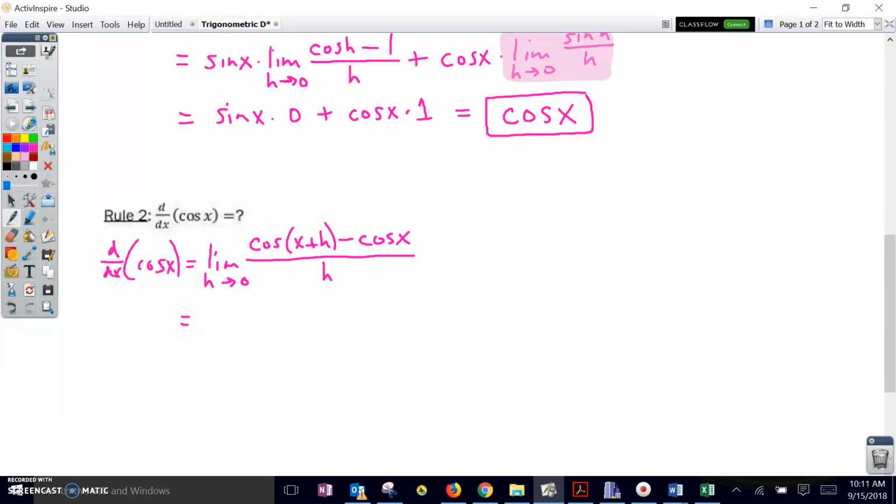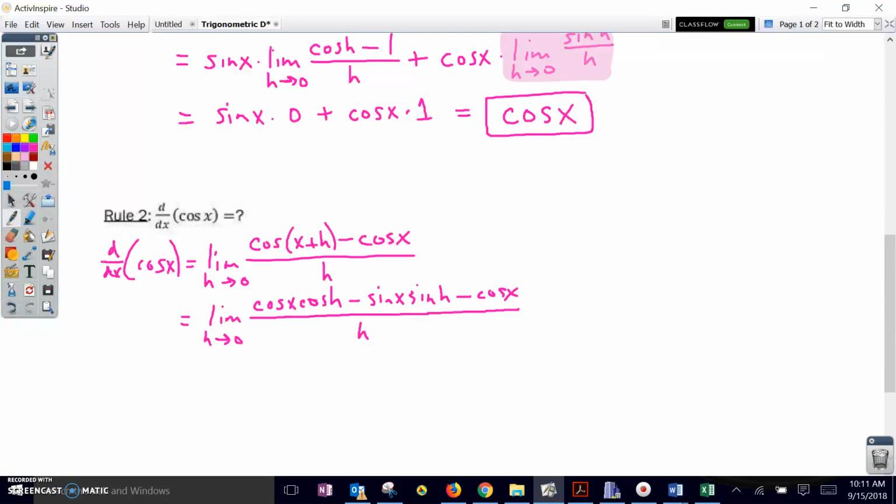And we'll use a trig identity to expand the cosine of the quantity x plus h. And hopefully you know these identities from pre-calc. This is cosine of x, cosine of h, minus sine of x, sine of h. We still have the minus cosine there.